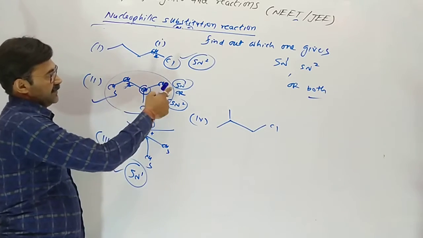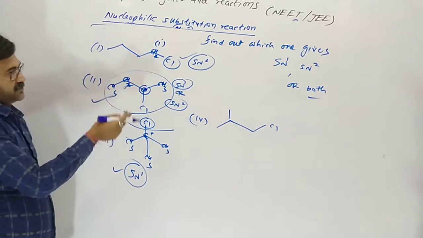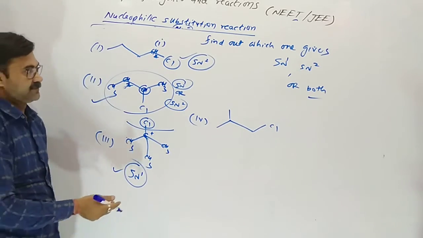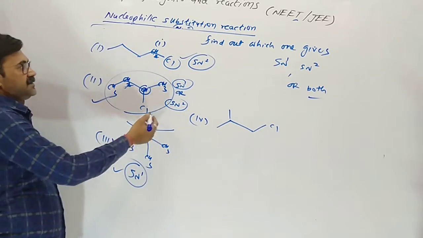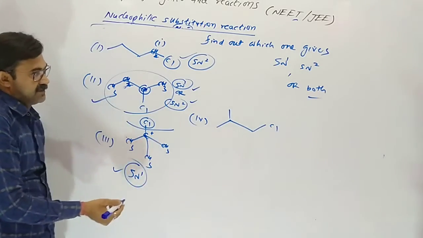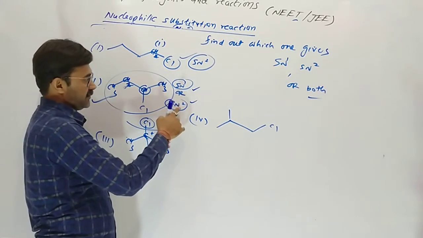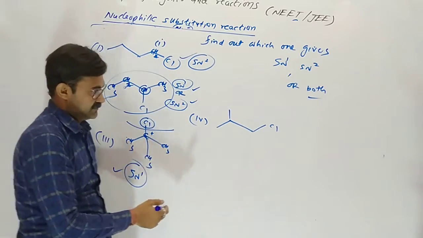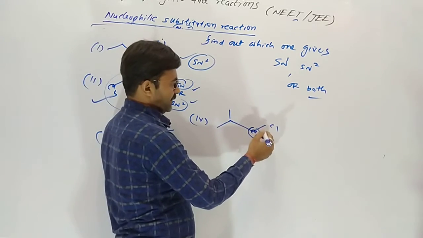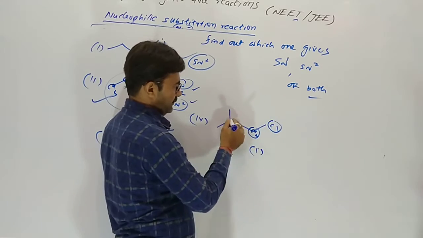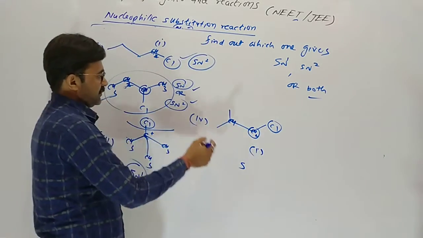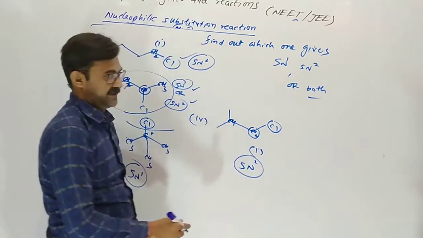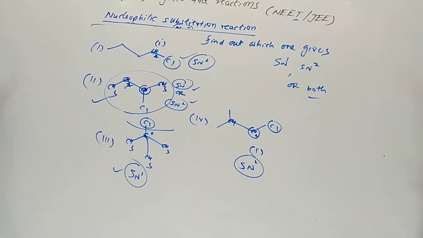But for secondary carbocation, whenever we have to choose, we look at protic or non-protic solvent. Here the solvent is not given, so both. In the fourth, the halogen containing carbon is primary, so a primary carbocation generally gives an SN2 reaction. Yes, this is our answer.